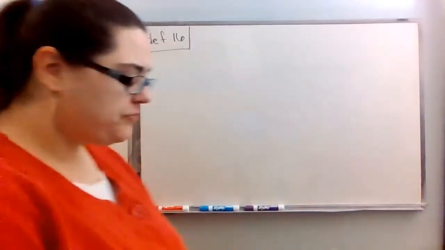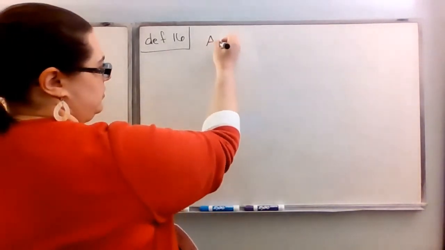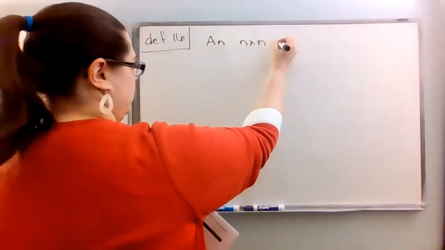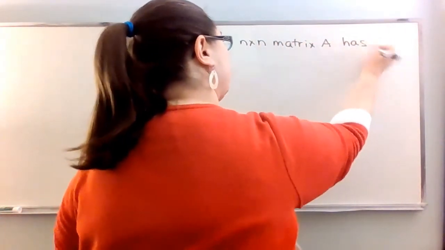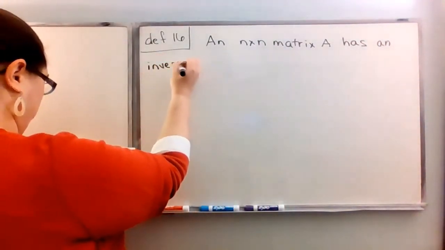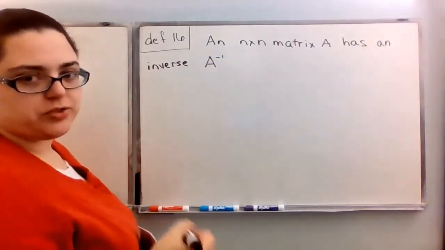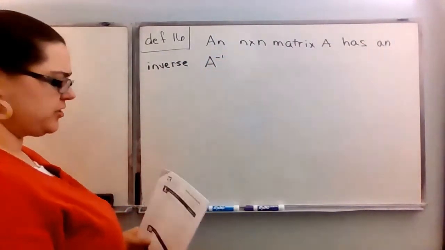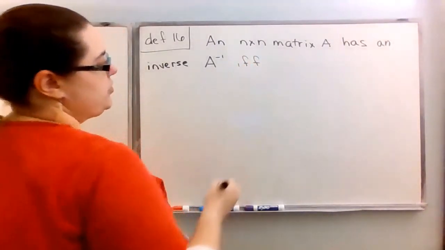All right, next we have a definition followed by a theorem. So let's state both of those. We're going to say that an n by n matrix A has an inverse, and it's going to look like A to the minus 1. So it looks very similar to our inverse notation for functions. If and only if, so I'm going to abbreviate that with 2 F's.